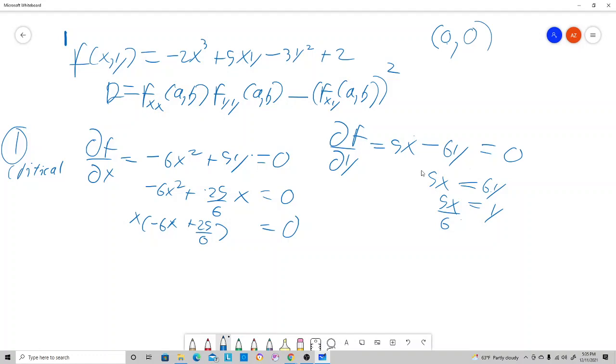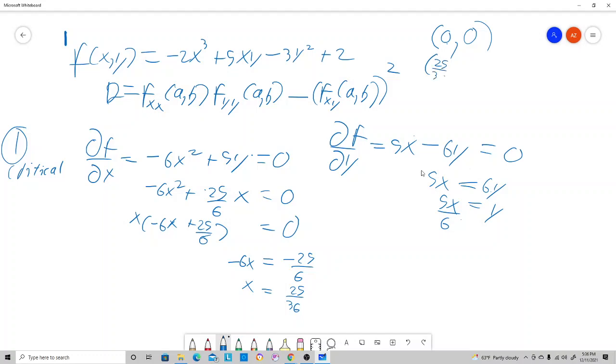Okay, that's good. Now let's figure out the other x, because we have another factor. We take 25 over 6 to the other side, so we have negative 6x equals negative 25 over 6. Solving for x, we get 25 over 36, which is another x.